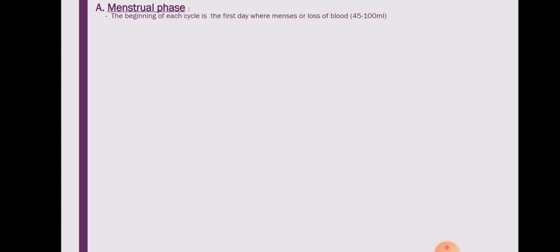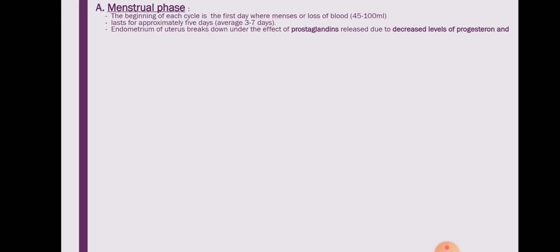First is the menstrual phase. The beginning of each cycle is the first day of menses, where the blood loss starts, which is approximately 45 to 100 ml. It lasts for approximately 5 days, average 3 to 7 days. Endometrium of uterus. Now, I am going to show you the previous diagram again.